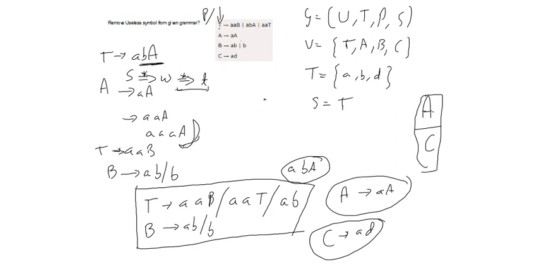Okay, now we'll see removal of null production from the grammar. I have kept one grammar here. The grammar contains S implies XYX, X implies 0X slash null, Y implies 1Y slash null.